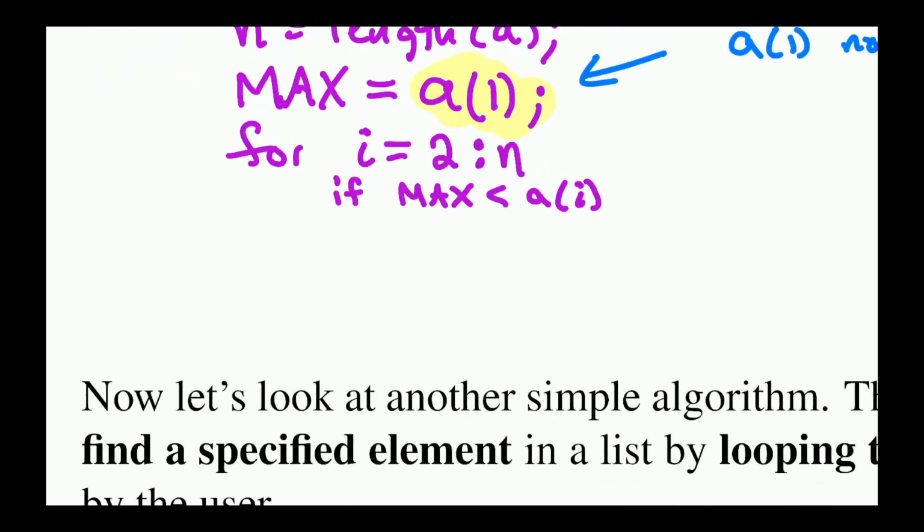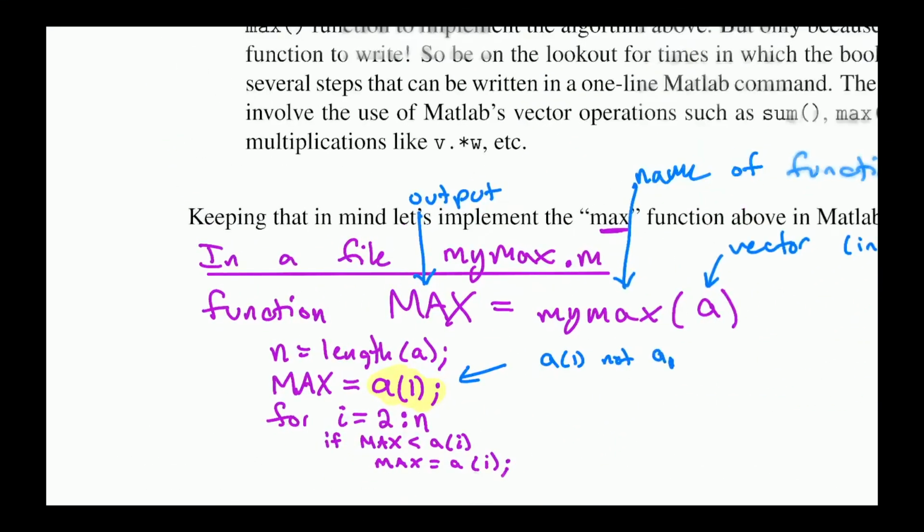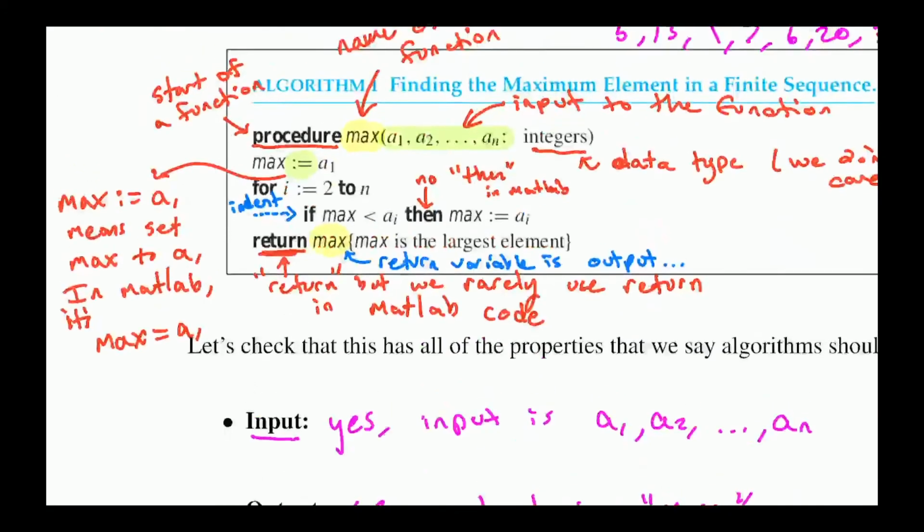So if max less than AI, then, you don't write then, max equals AI. I don't want to see that on the screen, so I put a semicolon. And I think that's it for the if statement, right? So looking at the if statement, the entire if statement is just this one single line. So the if statement's done right here. So we already are done with the if statement.